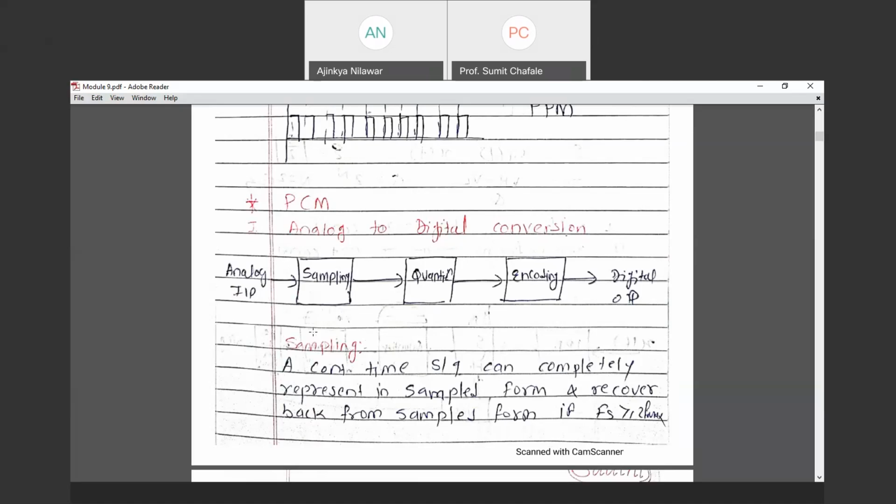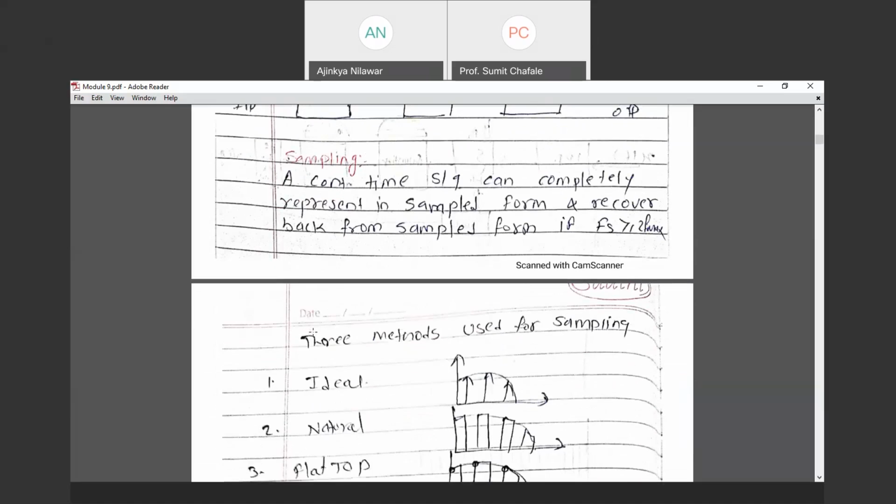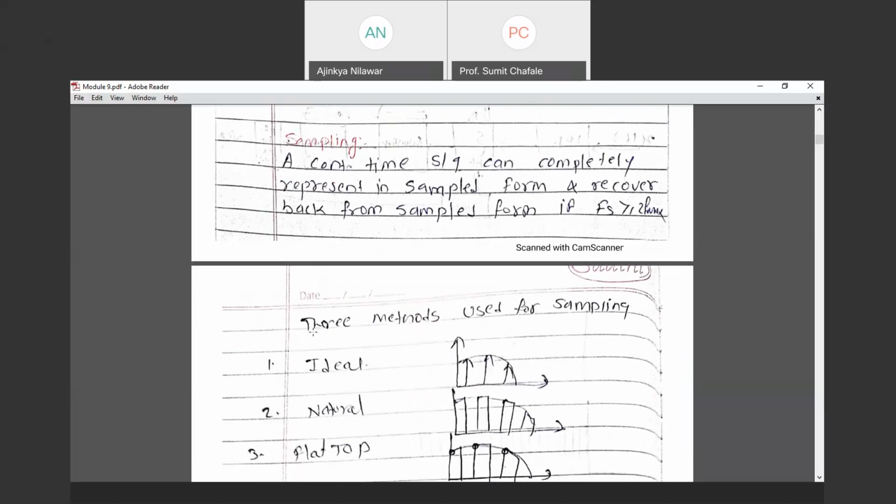So one by one we will see the parameters. Keep in mind, pulse code modulation is a digital modulation scheme. It consists of three basic blocks: sampling, quantization, encoding. Sampling is nothing but chopping out the signals.